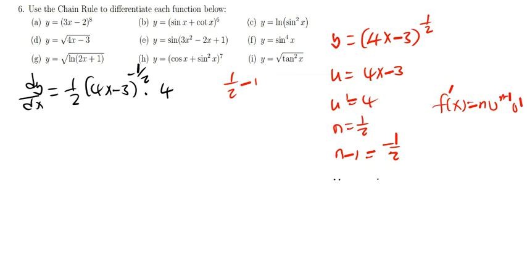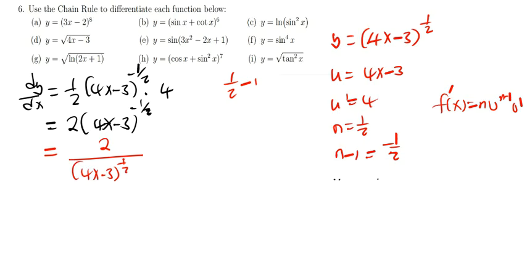So half times 4 is 4 over 2, which is 2. So it will be 2 open brackets 4x minus 3 raised to the power negative half. Now if I want to remove the negative power, this 2 stays on top and the bracket goes to the denominator with the power half, not negative. So it will be 2 divided by 4x minus 3 raised to the power half.